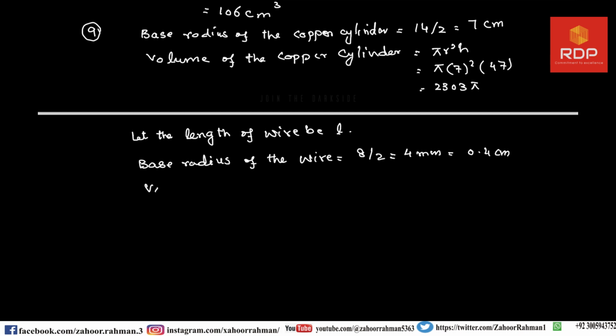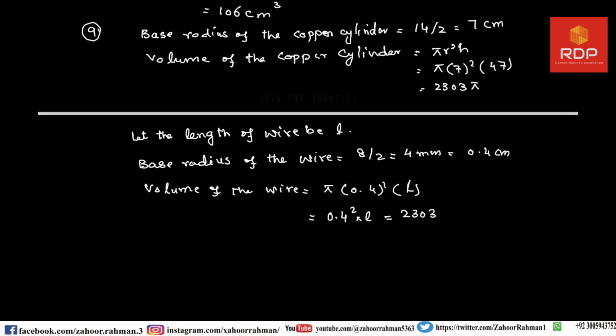Now that we found the radius, let us find the volume of the wire, which is equal to pi, 0.4 squared, and L, because we don't know the value of L. It means that 0.4 squared times L is equal to 2303. That is the volume.